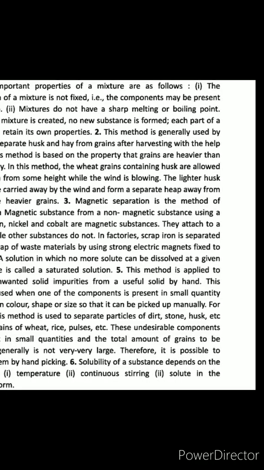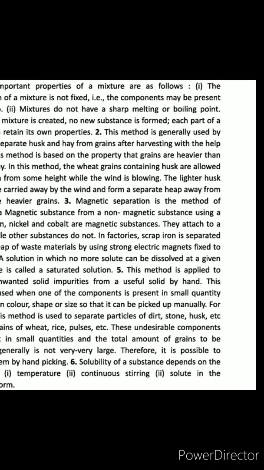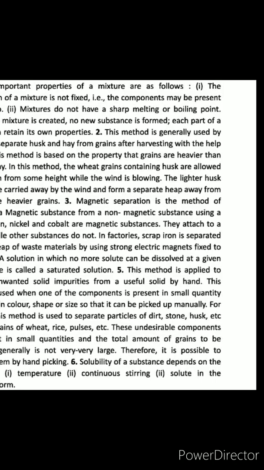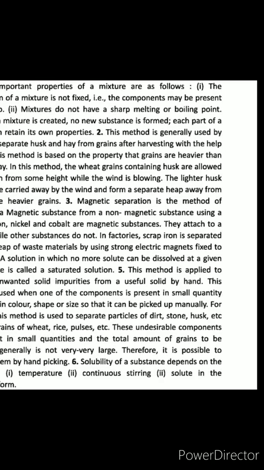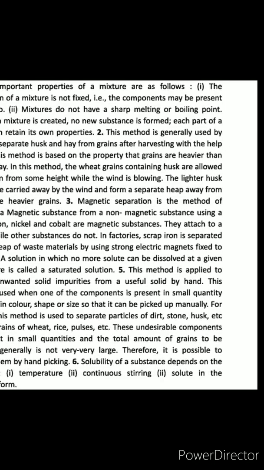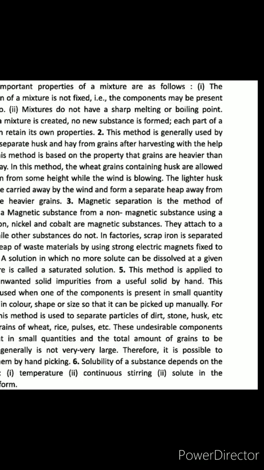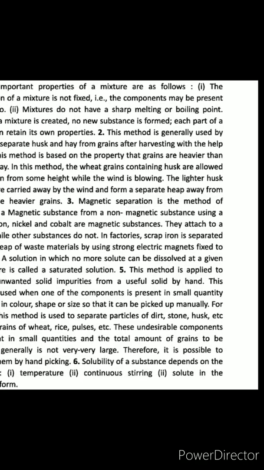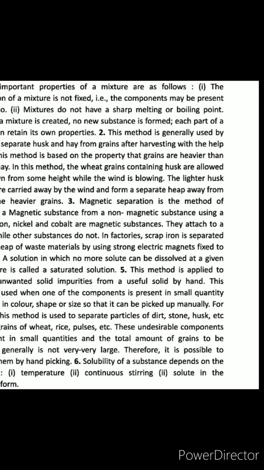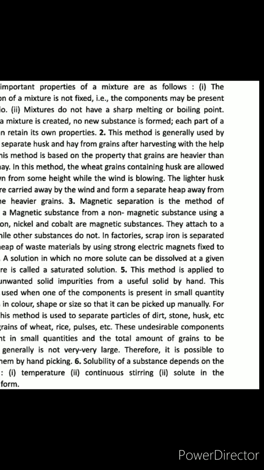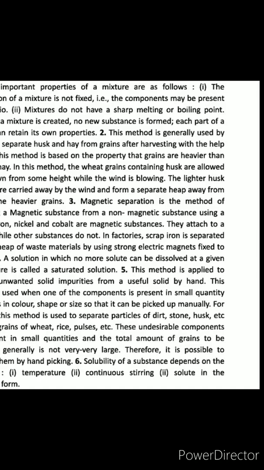It will be different. Third one, when a mixture is created, no new substance is formed. Each part of a mixture can retain its own properties. It will not create any new substance. These are the main three properties of a mixture.